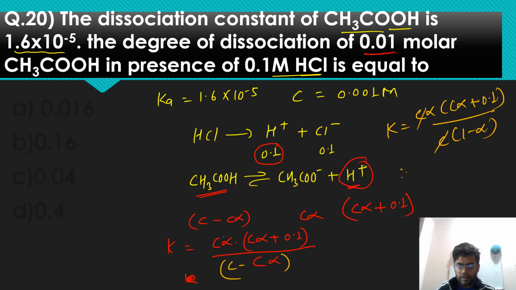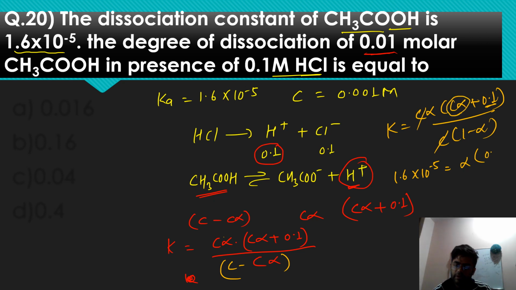Now putting the value of K, which is given in the question, K is 1.6 into 10 to the power minus 5, and we have to calculate alpha. Here we also have C alpha plus 0.1. Since 0.1 is a very high concentration, we can neglect C alpha in this term.